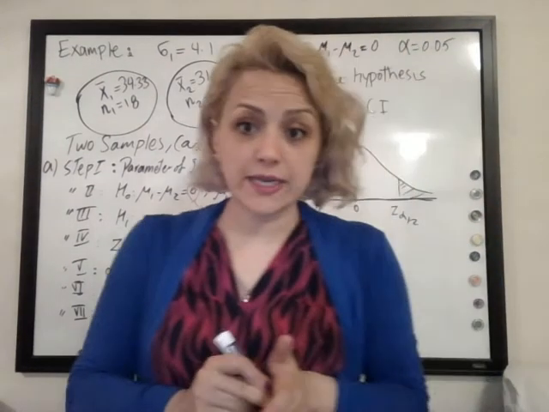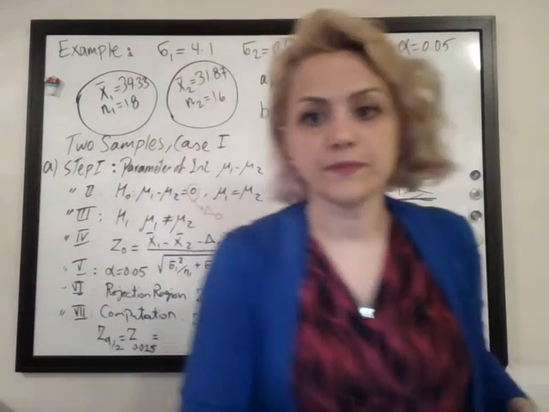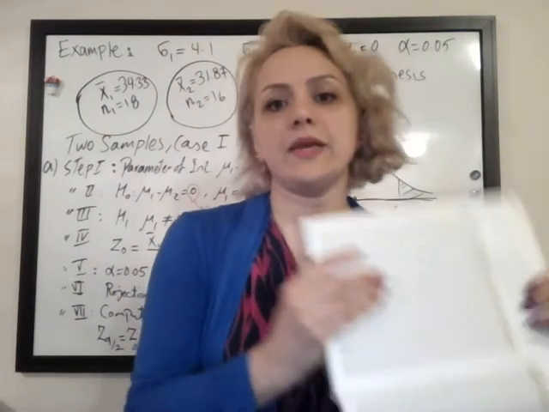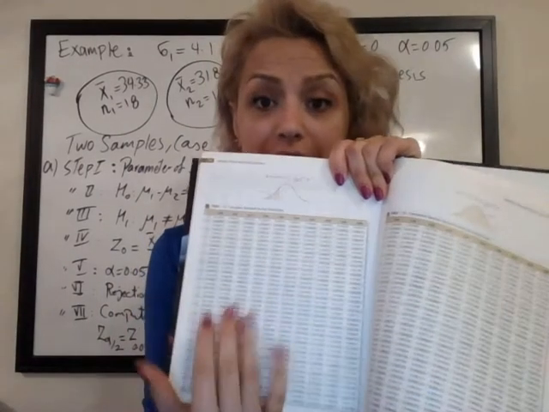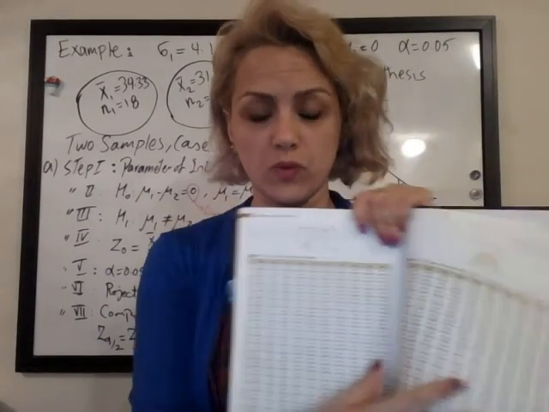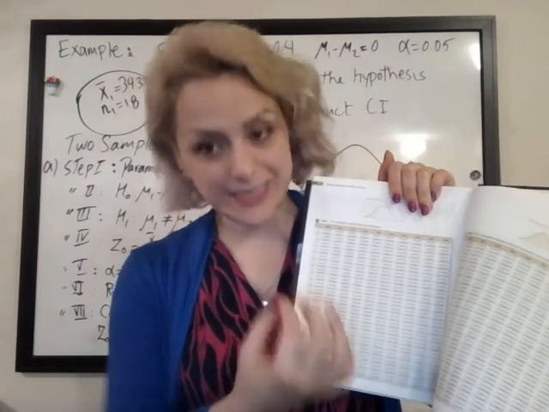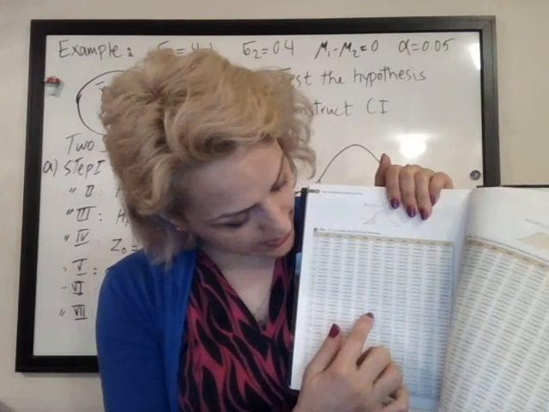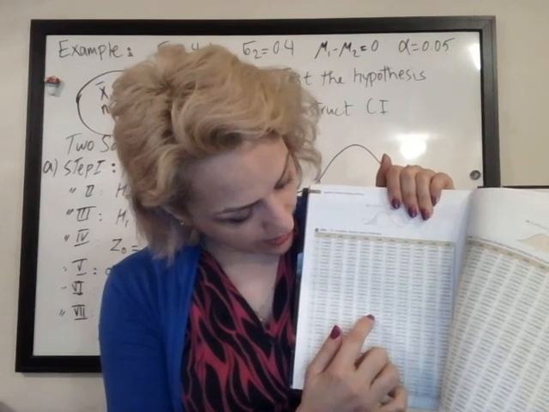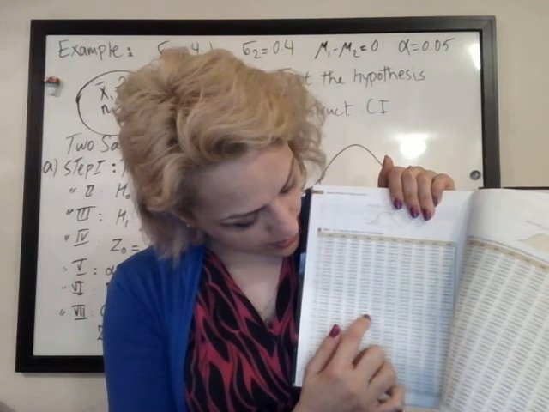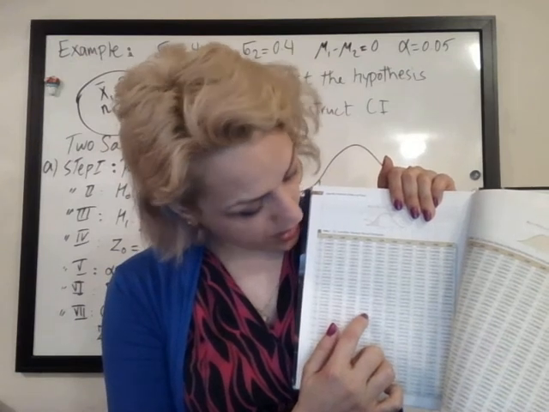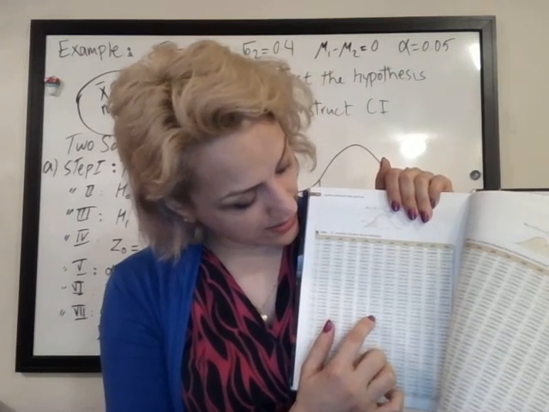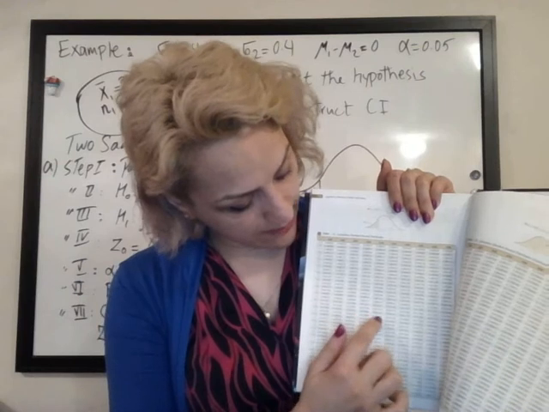The way you would read it: here we have the -1 and the +1. You look at the body of your table for 0.025. Here I have 0.0255 and 0.0249, so it's going to be between this and this.